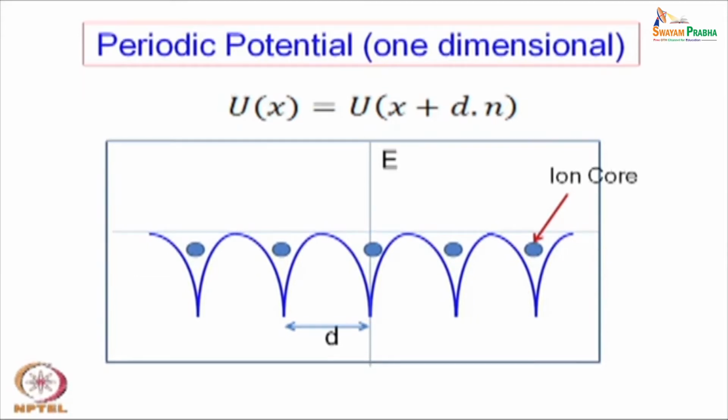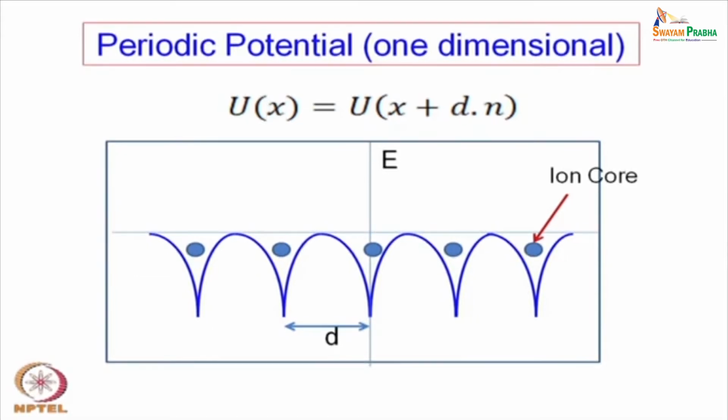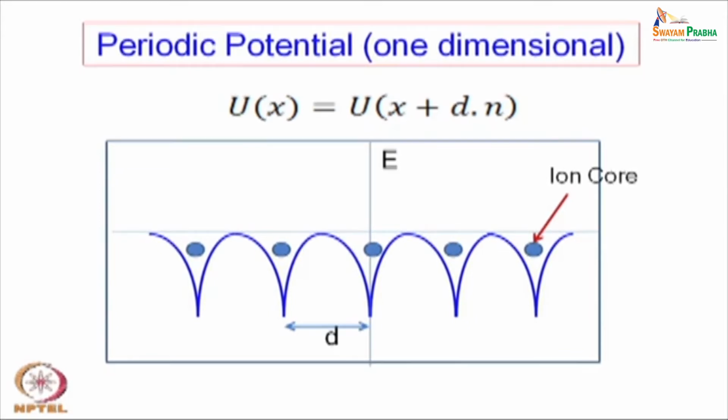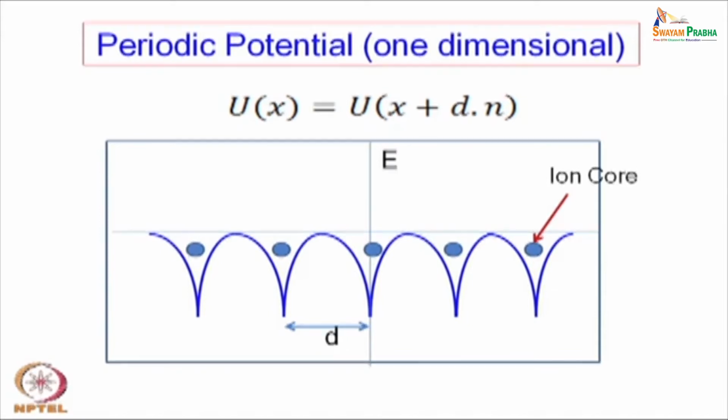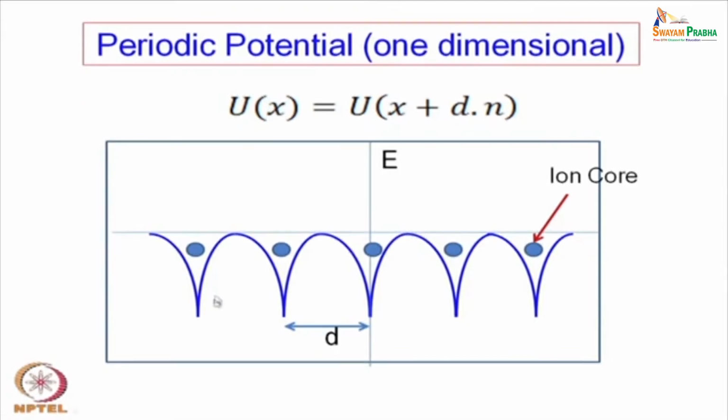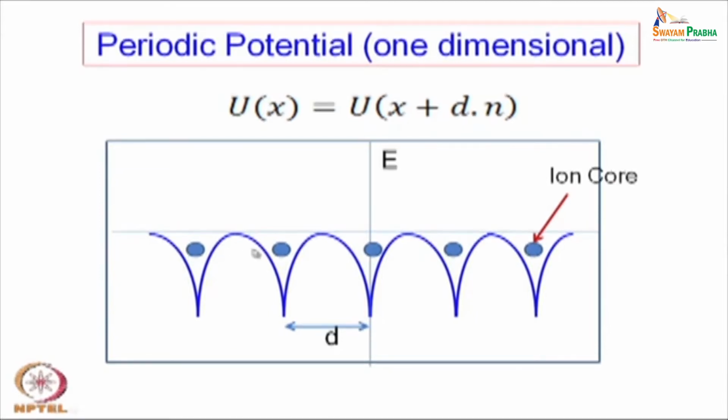That is a more realistic situation, and of course, that makes the mathematics much more complex than what we have seen earlier. However, it possibly gives us a more realistic representation of the situation.